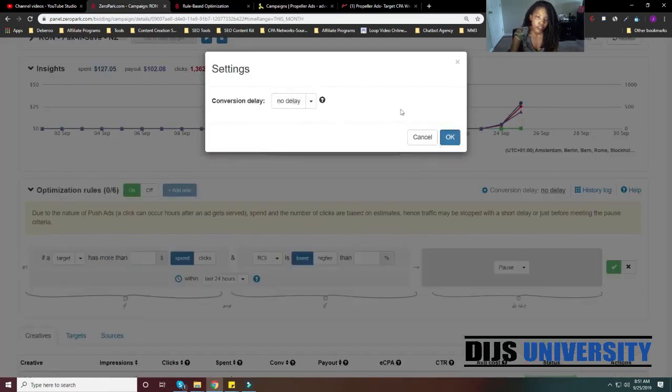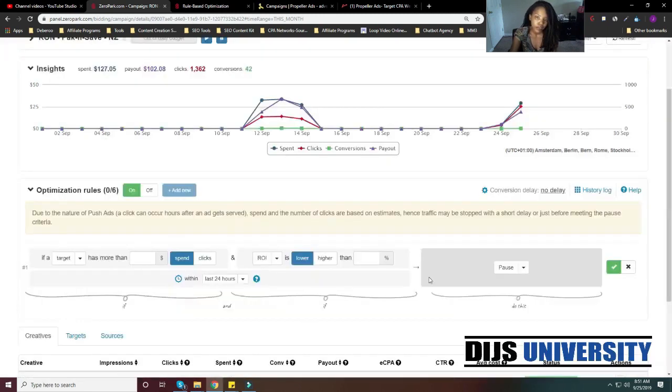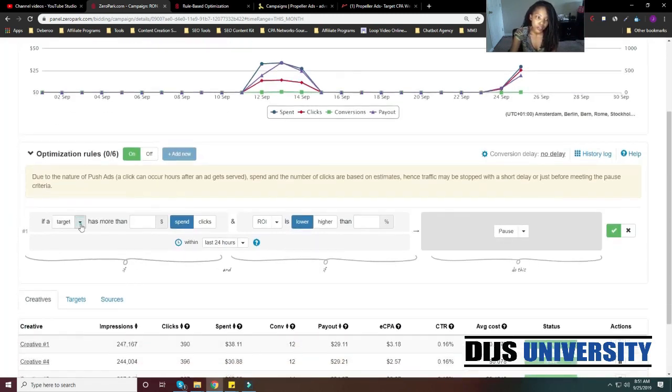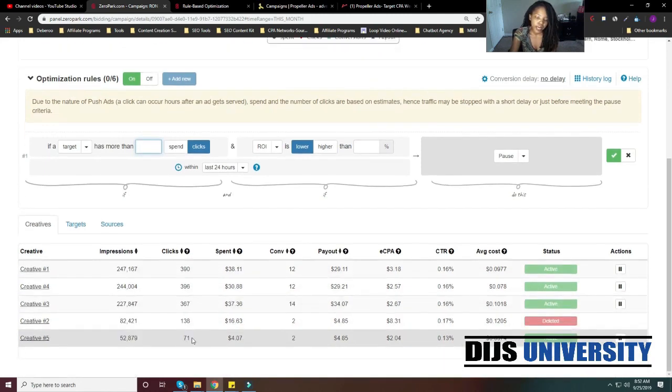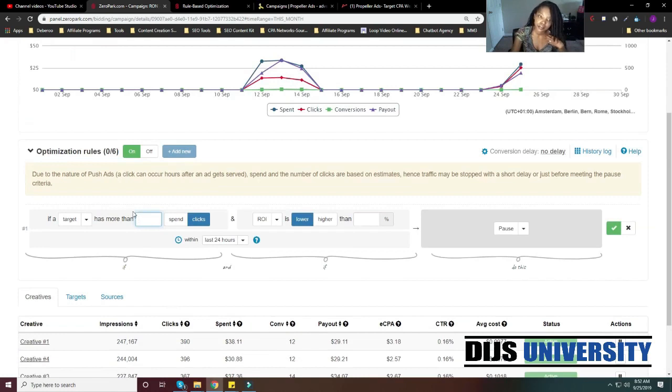Okay, so conversion delay, let's just say no delay. And here you go. If a target or a source has more than blank clicks, we probably don't want any more. I have to look and see how many clicks we get per conversion. We'll have to see what our EPC or CPA is.